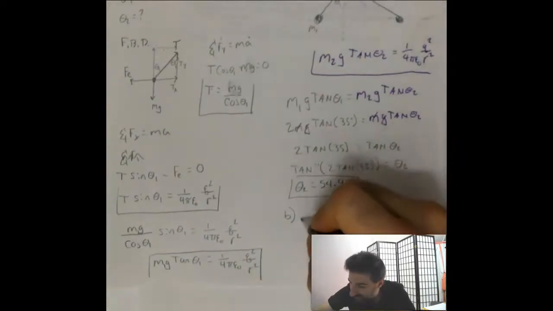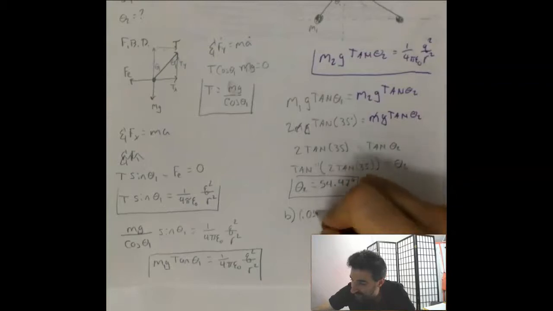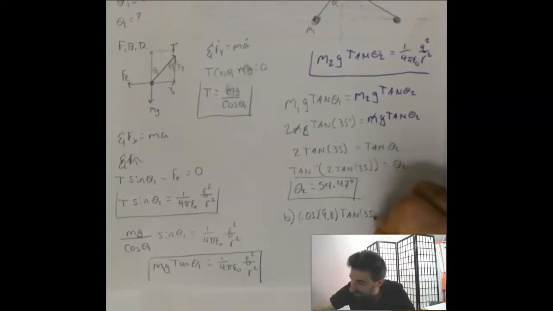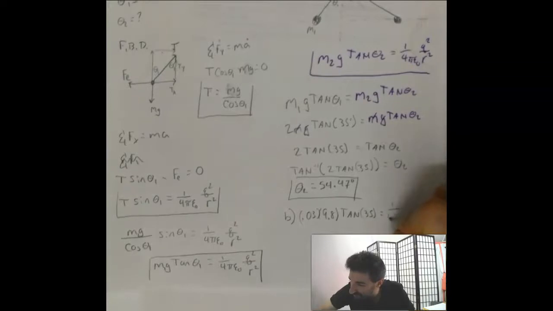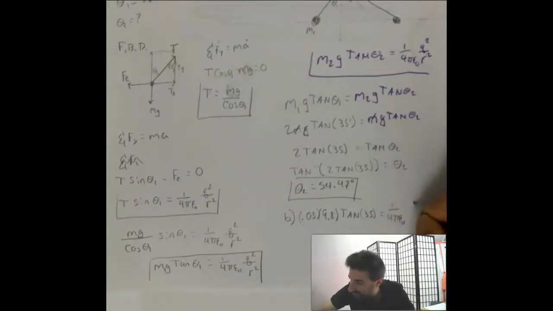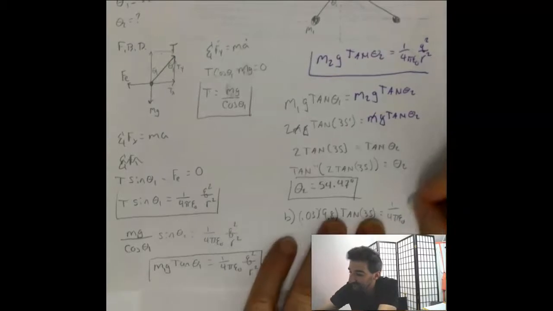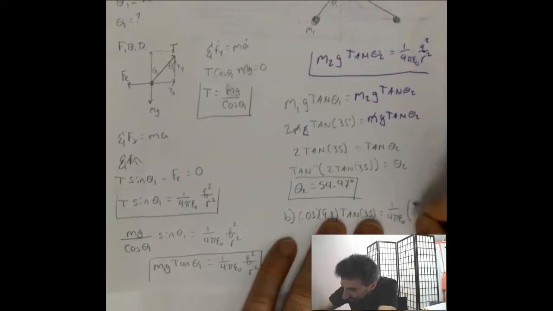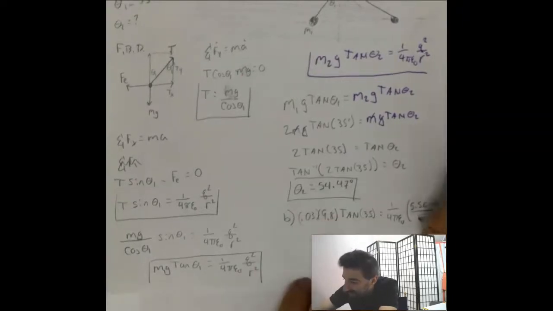So I can say 0.03 times 9.8, dropping my units because I'm pushing a time limit here, times the tan of 35 degrees should be equal to 1 over 4 pi epsilon 0 q squared, what q it gave me was 5.5 e negative 10, divided by r squared.